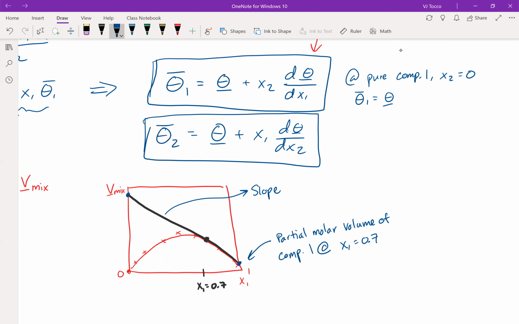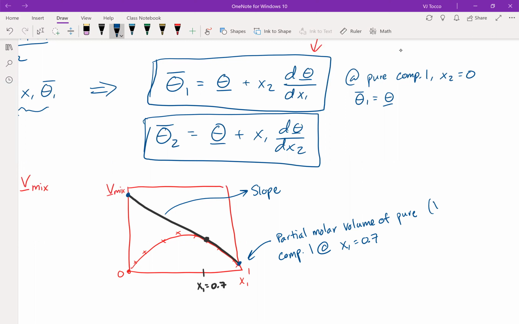So it's theoretical, right? It has to be evaluated for a specific point because partial molar properties are a function of composition themselves. So this point is the partial molar volume of component 1 at x1 is equal to 0.7.